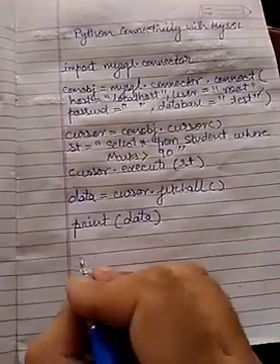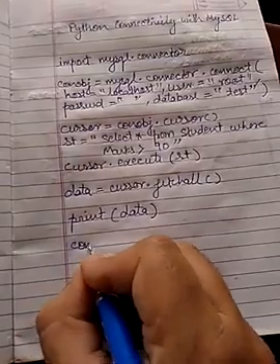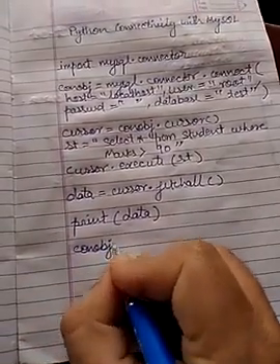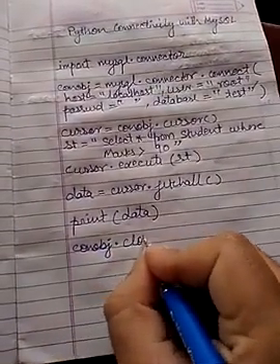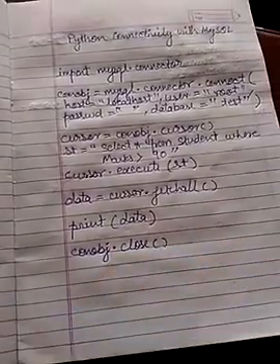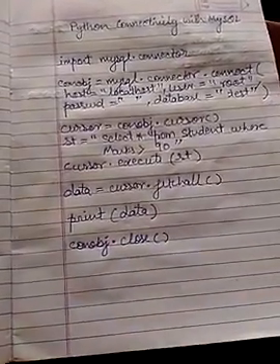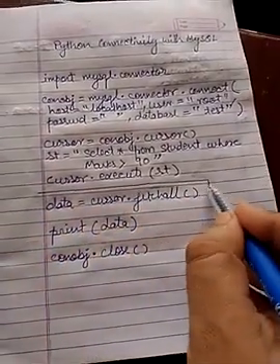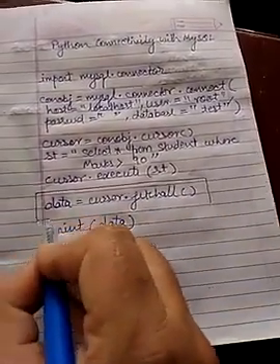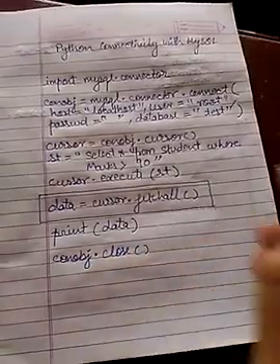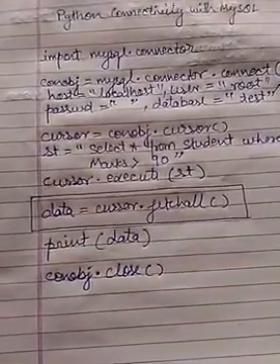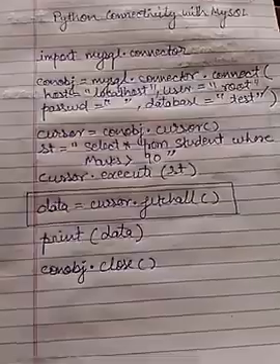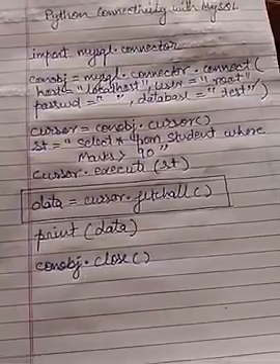Now we have to close the connection. Connection object dot close. So in this lecture we will discuss this step, how we can fetch the data with the help of different methods.